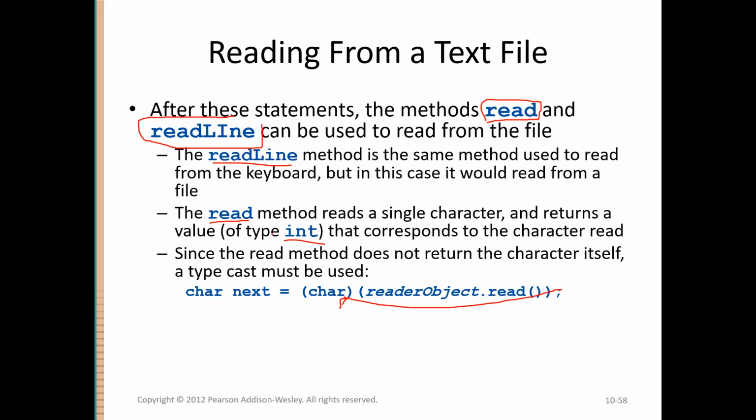If you don't remember, just Google ASCII table. The ASCII table is a table that shows you every character has a number associated to it. And when you do the read, it will give you just the number.